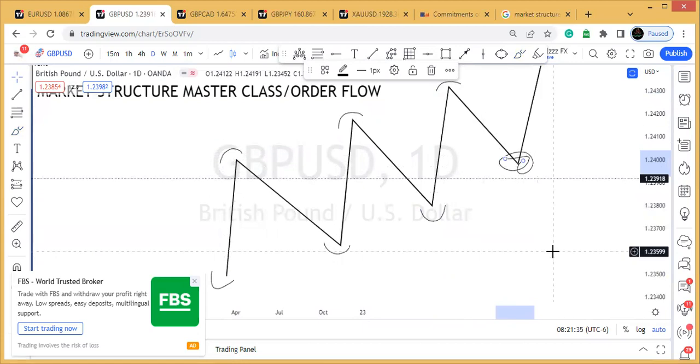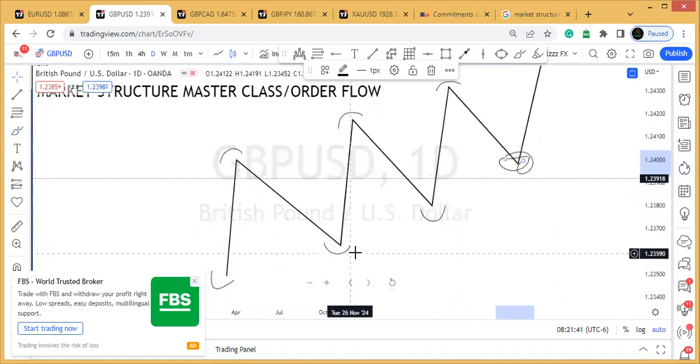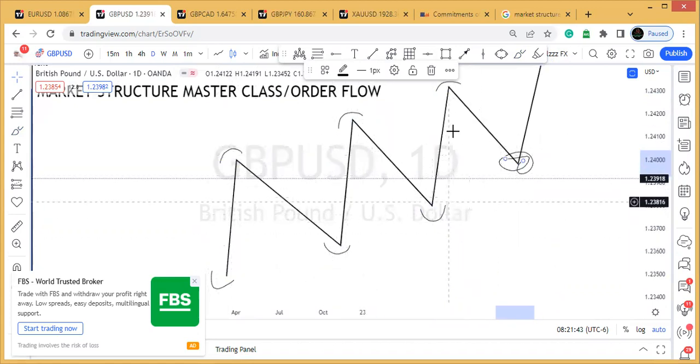So if the market is bullish, we expect to be seeing price creating a series of higher highs, higher lows, higher highs, higher lows, higher highs, higher lows in the market. But within the external swing points, we have internal structures.